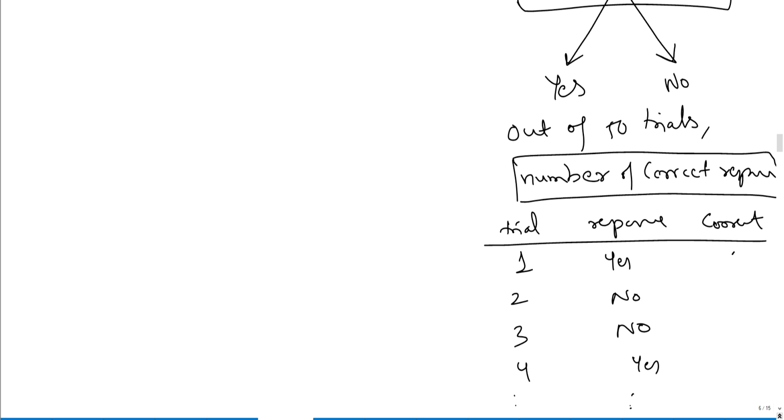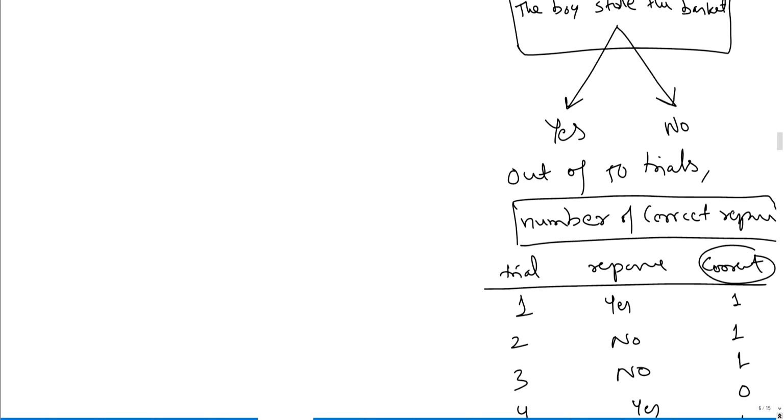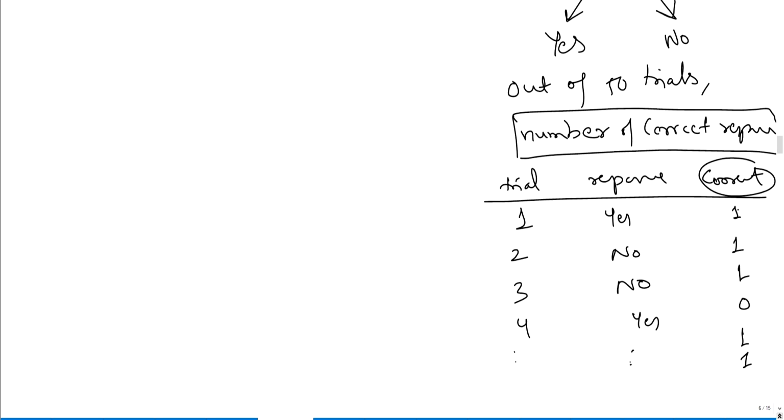When it is correct we will write 1, when it is incorrect we will write 0. Let us say the correctness in each trial is given by 1 1 1 0 0. We are interested in the sum of correct responses, the total number of correct responses out of 50 trials. This is the experiment and this is what we want to model.